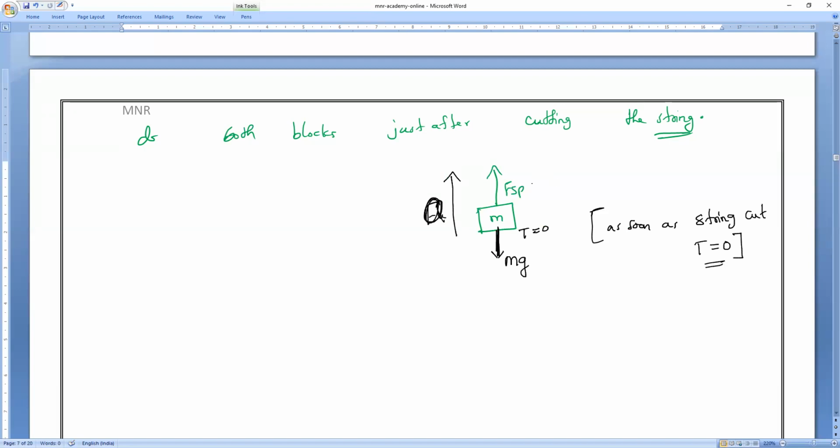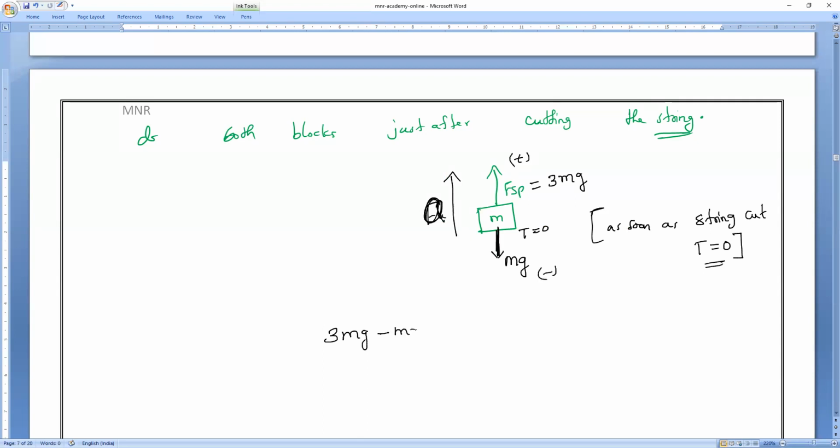This body will go in the upward direction. We already found the spring force F_sp, which is 3mg, acting upward. Take upward acceleration as positive and the weight as negative.